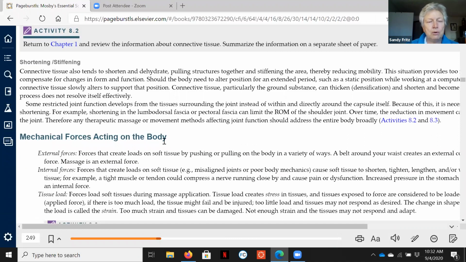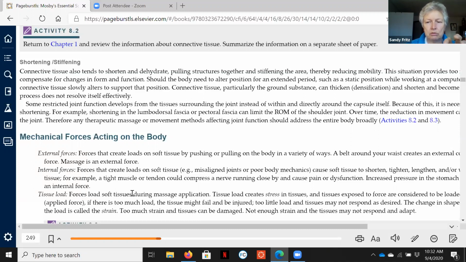So now we're starting to circle into what massage is all about, which is the application of a mechanical force, and how that actually acts on the body. Obviously massage would be an external force. And if somebody is moving or stretching, there's an internal pull. And then the load is how much strain or how much stress is applied.